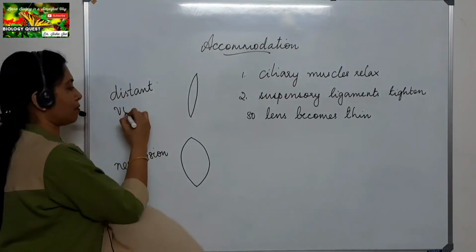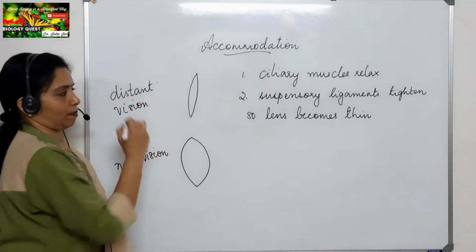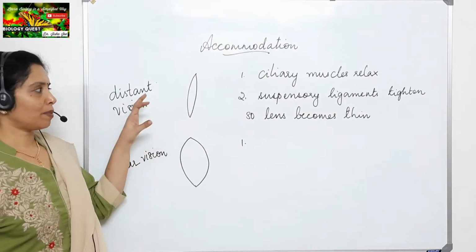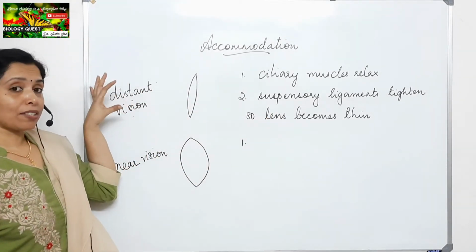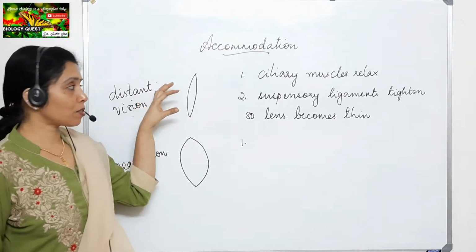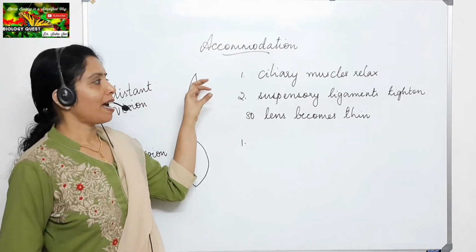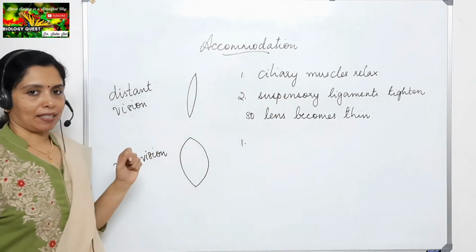This is the case for distant vision. So in this case, when we are looking at an object that is far away, the light rays from the object pass through the less convex lens and are focused on the retina.